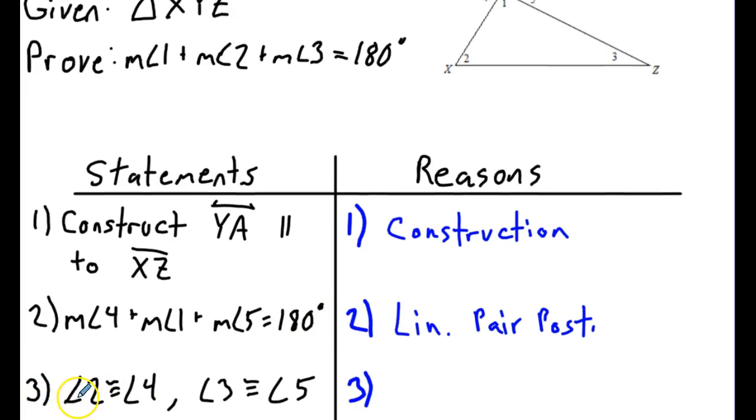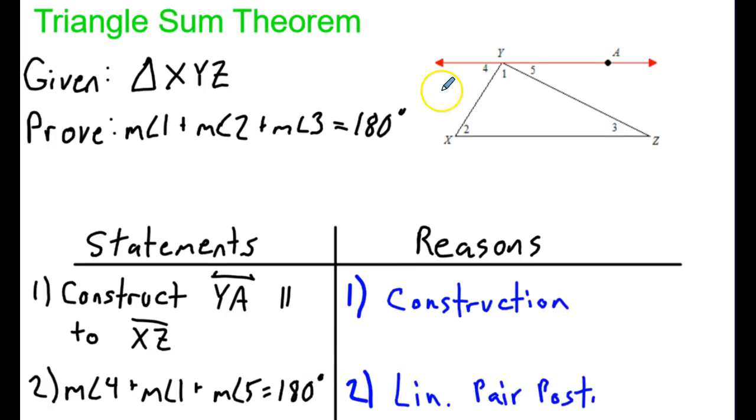Step number 3, we have angle 2 is congruent to angle 4, and angle 3 is congruent to angle 5. Well, if we constructed this line so that it is parallel to XZ, we have two parallel lines cut by another line. This is acting as a transversal. And if this is a transversal, that means angle 4 and angle 2 are alternate interior angles.